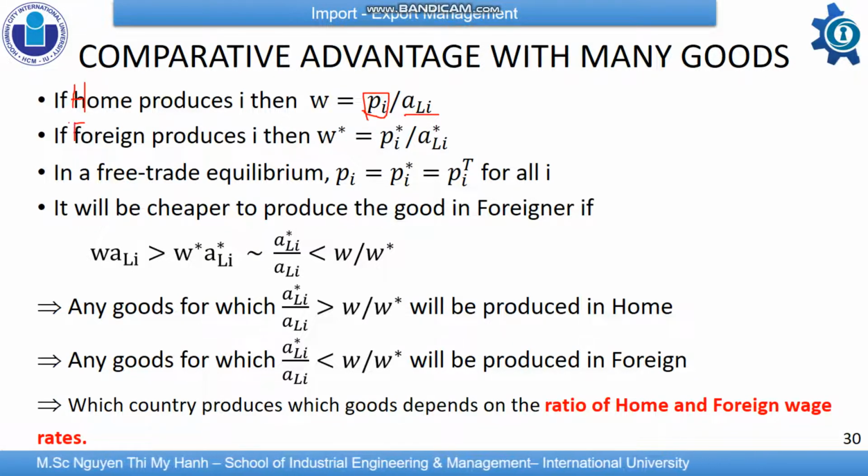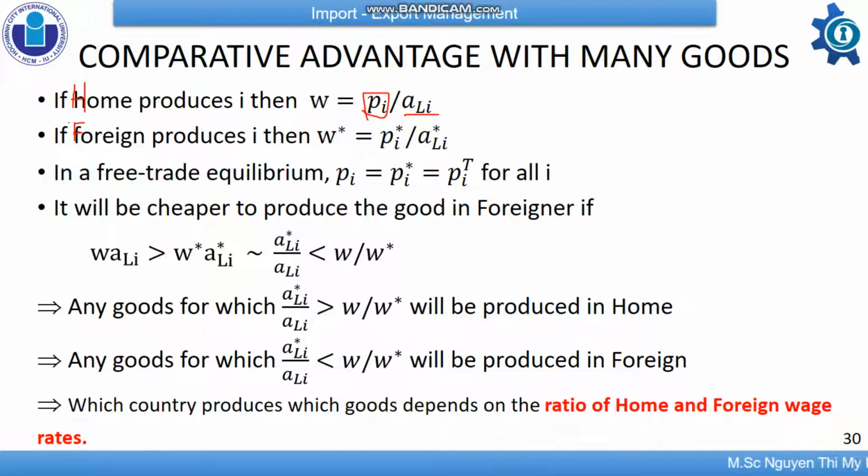If the foreign country produces i, then the wage in the foreign country is equal to the price of product i in the foreign country divided by the unit labor requirement of product i in the foreign country.